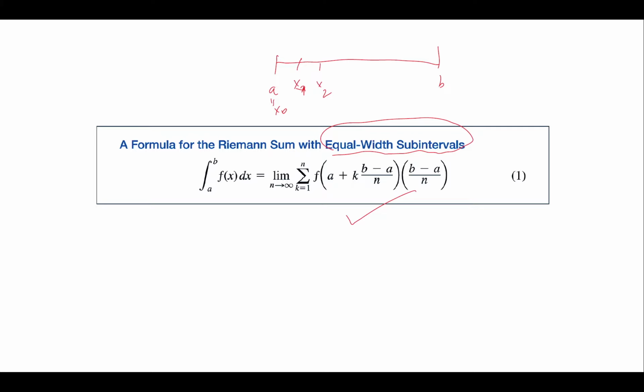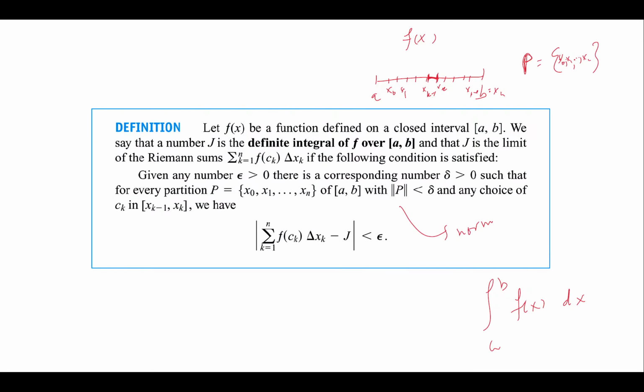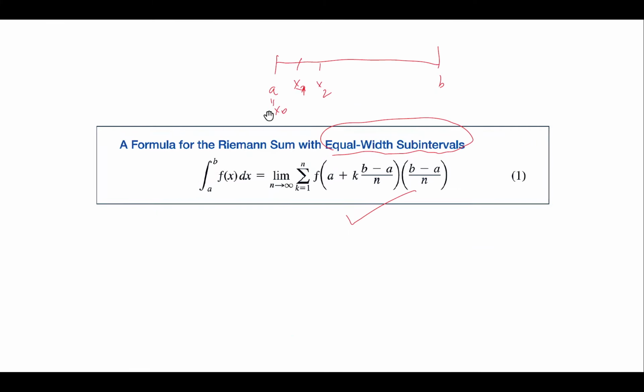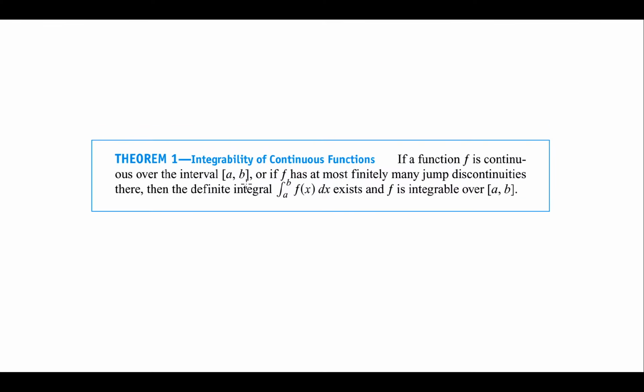Here in this case, the length of this subinterval, del xk, depends on which subinterval you are talking about, so this length varies. But if you are talking about equal width subintervals, then this definite integral is equal to this limit of the Riemann sum. You just have to plug in the values of a, b, and k, find the sum, and then the limit of that sum. That's how you find a definite integral.